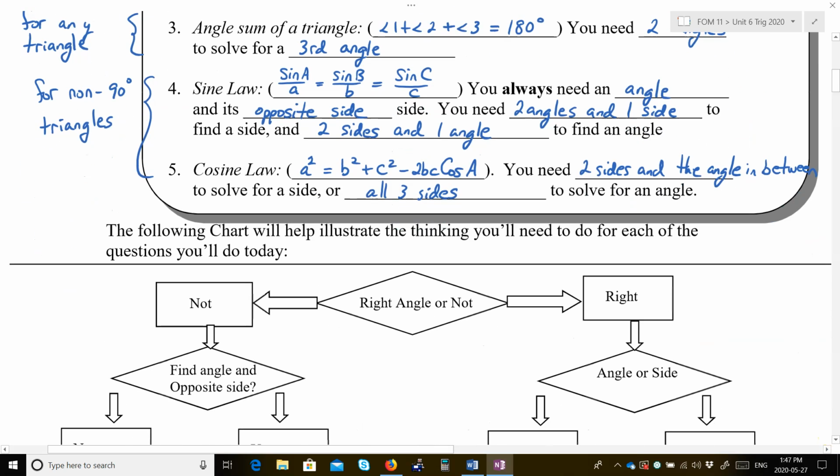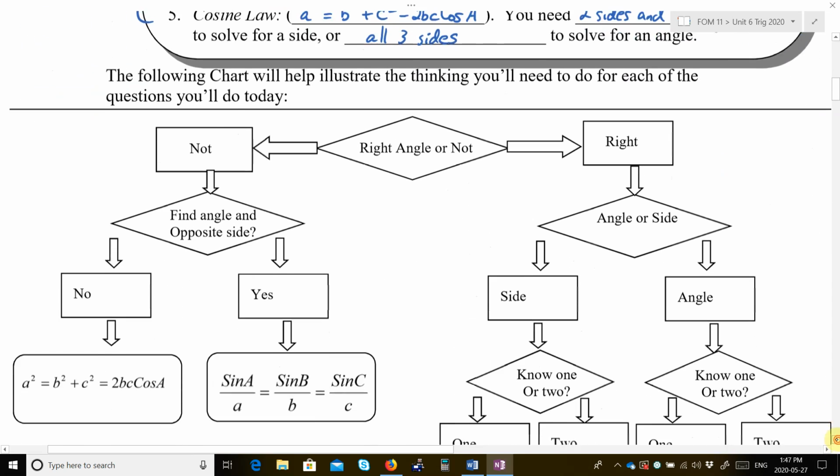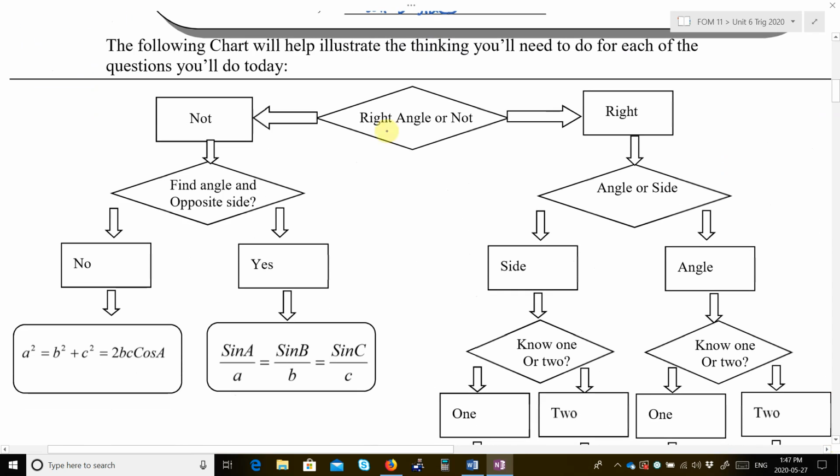Then it says the following chart will help illustrate the thinking you'll need to do for each of the questions you'll do today. And so basically you have to ask yourself, is the triangle a right triangle or not? Does it have a 90-degree angle in it or not? If it does, we're talking about triangles that look like this, and it'll show you a 90-degree box.